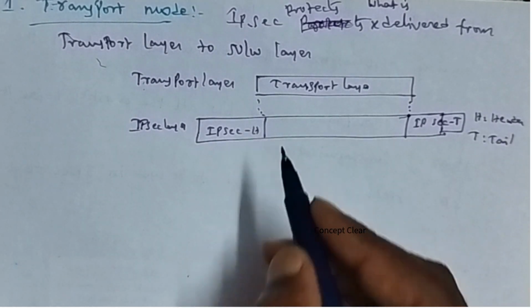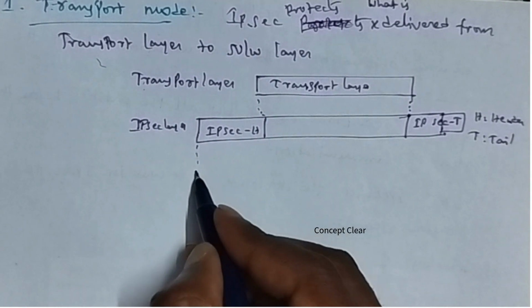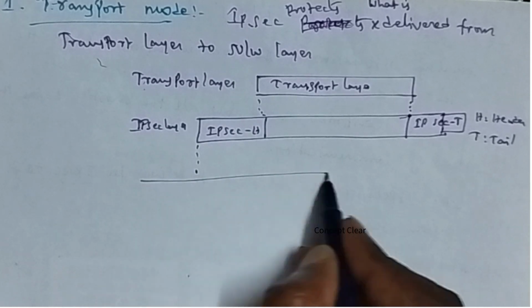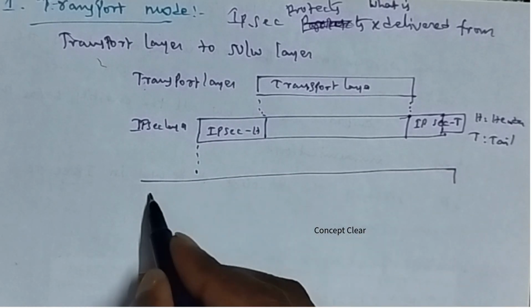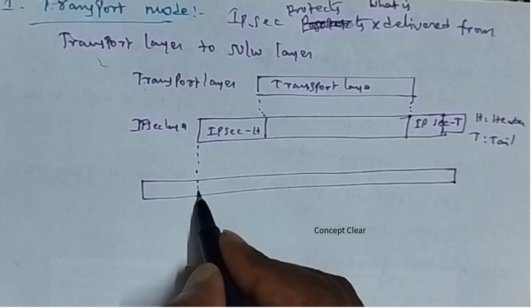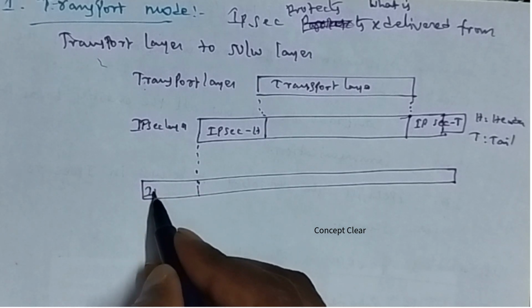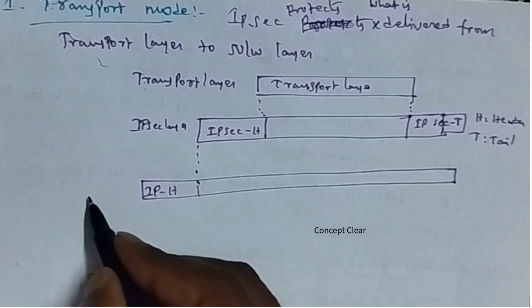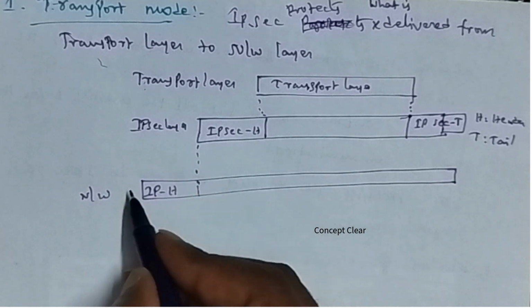H means header and T means tail. Again here we have the IP header in the network layer.